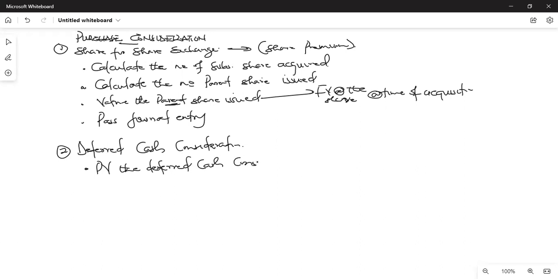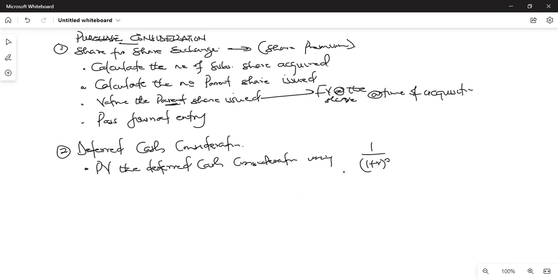You have to PV it using the present value formula, which is 1/(1+r) raised to the power n, the number of years.